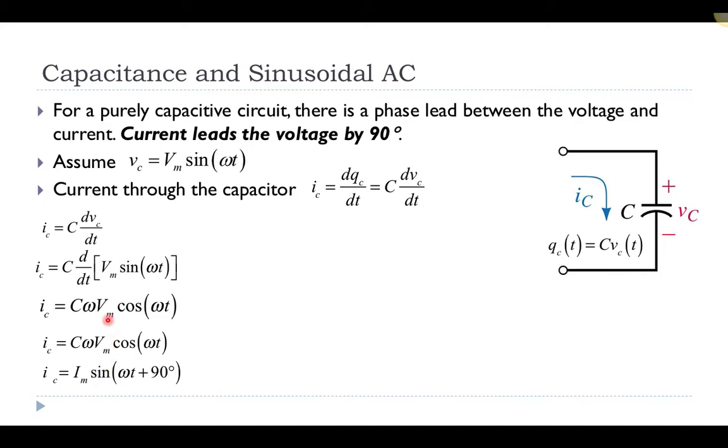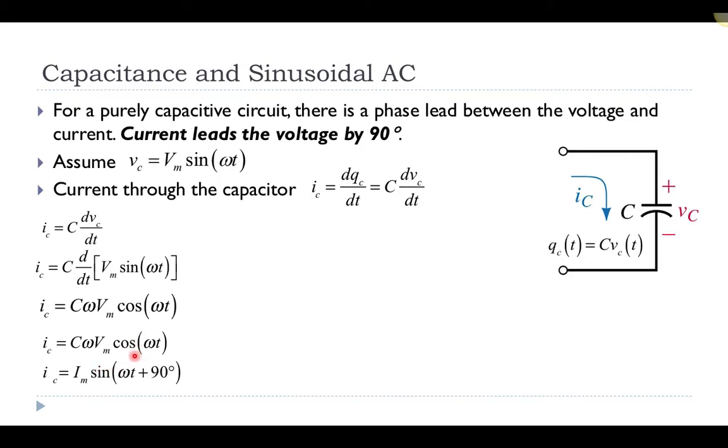So all of the terms that are in front of the cosine can be replaced with the amplitude of the current. In other words, I want to write the current as having some maximum current, times sine of some angle, in order to write it as a sinusoidally varying function.